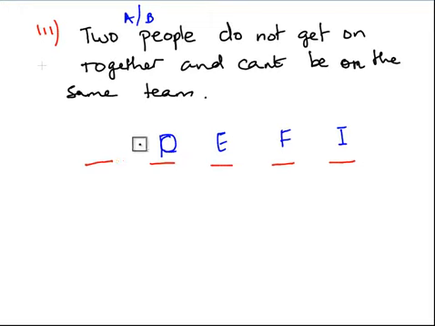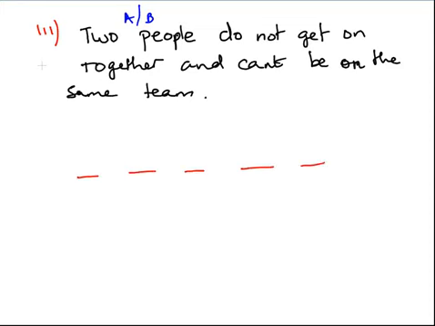Now, just read the question very carefully. Consider this as a team: C, D, F, G, H. What's going on there? Neither A nor B are on the team. That's very important to think about.